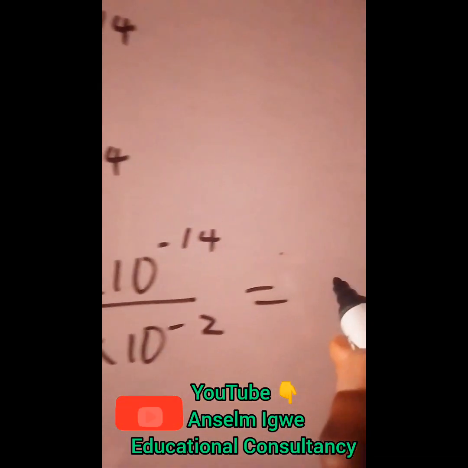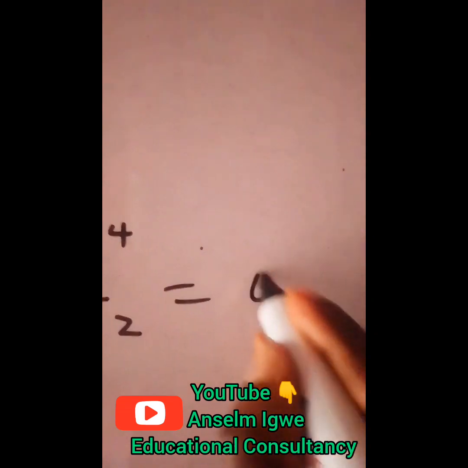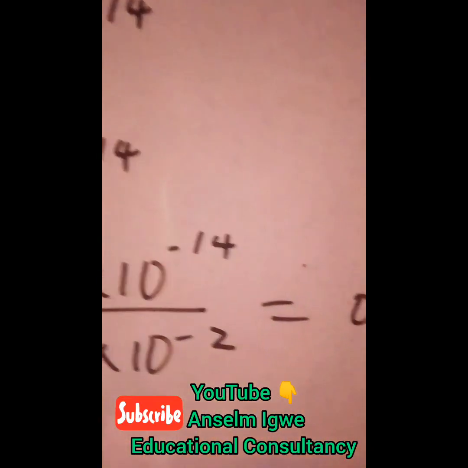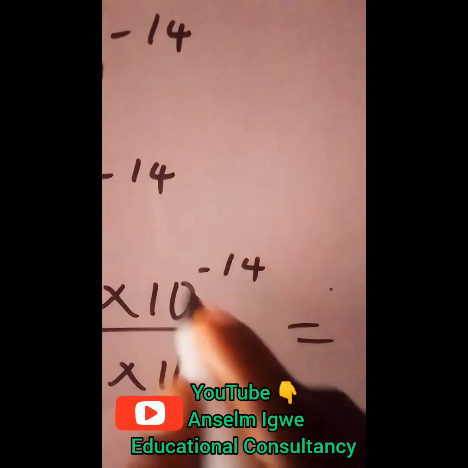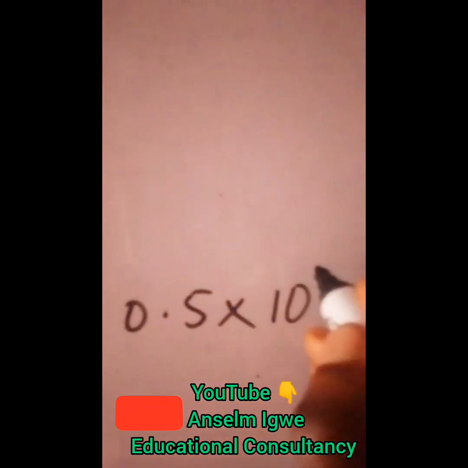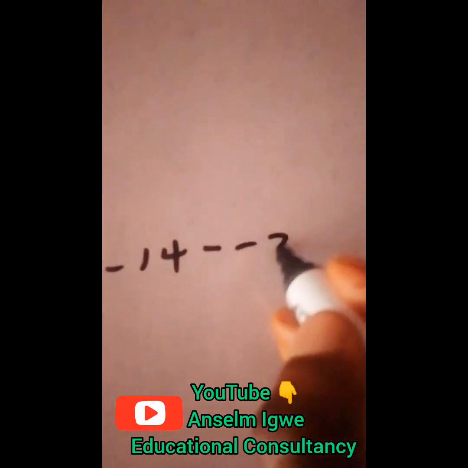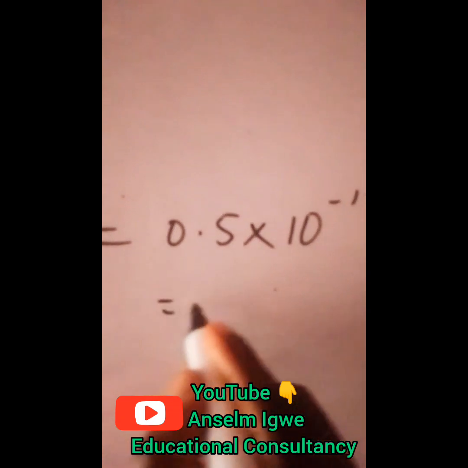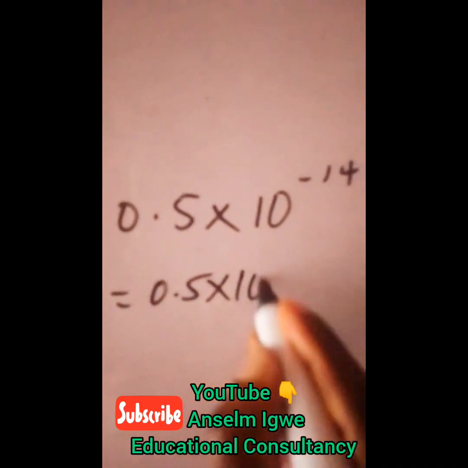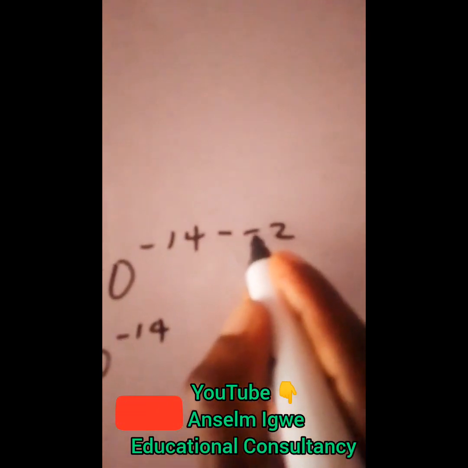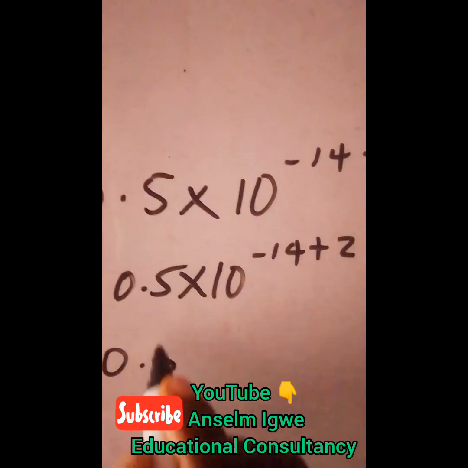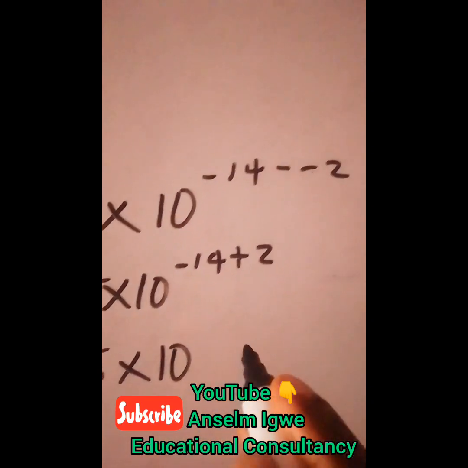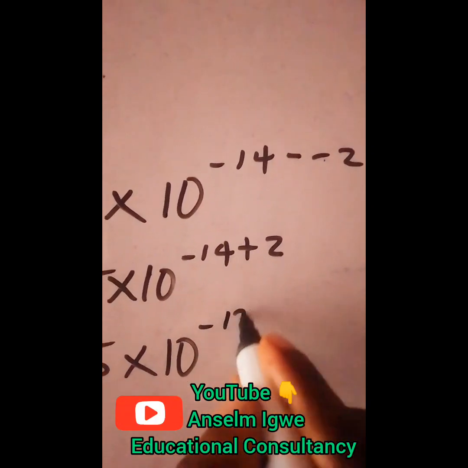So we now have 1 over 2, which is 0.5, times, you take only 10, raised to power this number minus this number, that is minus 14 minus what? Minus 2. So we have 0.5 times 10 raised to power minus 14. Minus minus is plus. So minus 14 plus 2 will give us minus 12.